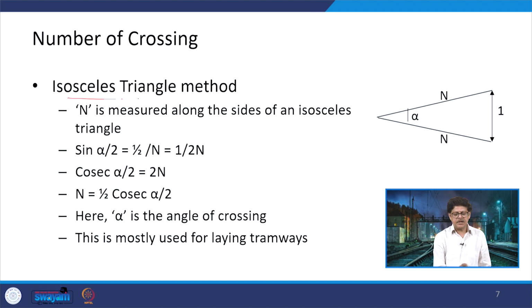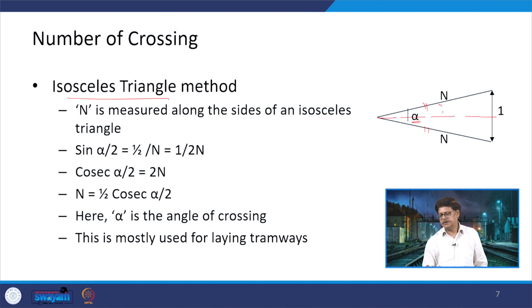The third one is the isosceles triangles method. Now, in this again the spread is being considered with an angle of alpha, and for a unit spread we assume that both of these lines have the same value. So, they are all equal to n, and based on this concept, we try to find out the relationship.